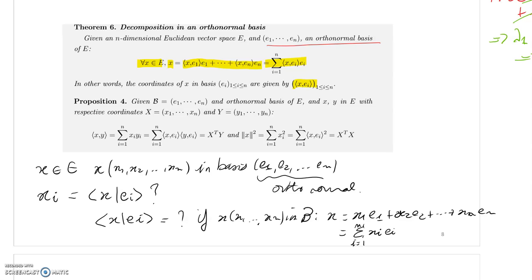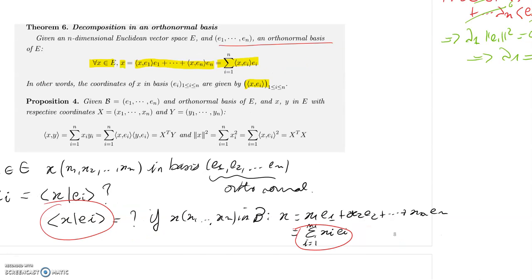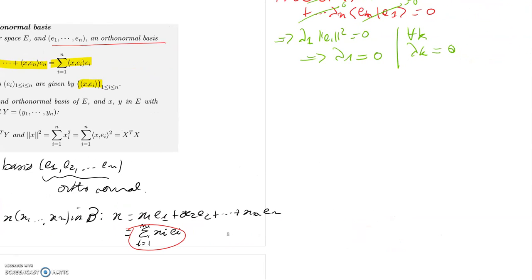All right, so I'm going to use this definition of x and work it in that inner product. So what does this give us? If I want to compute the inner product of x with ei, I'm just substituting x by the sum that I wrote earlier. Let's take another index so that I don't mistake the i on both sides.